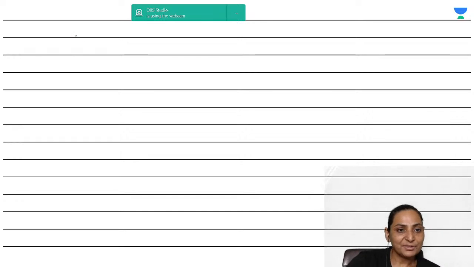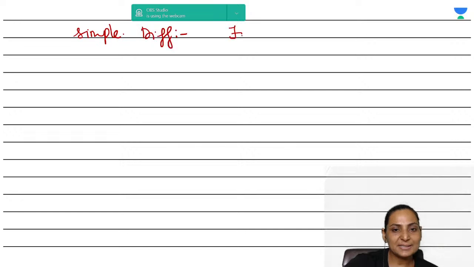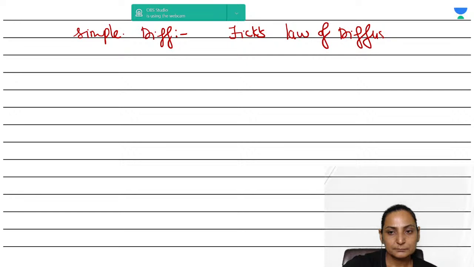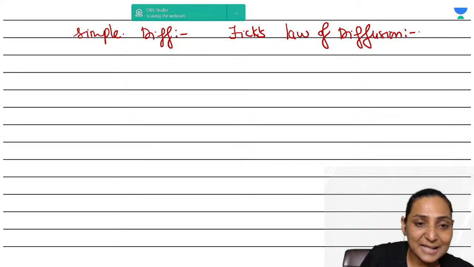Now one thing you should know whenever you study simple diffusion: this is based upon Fick's law of diffusion, and this again comes as an MCQ.